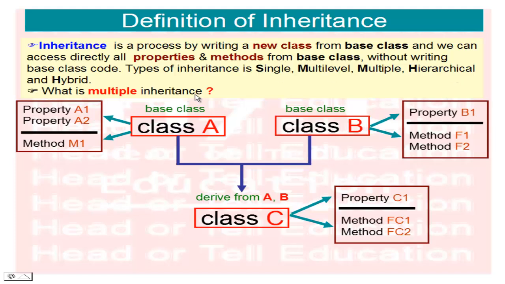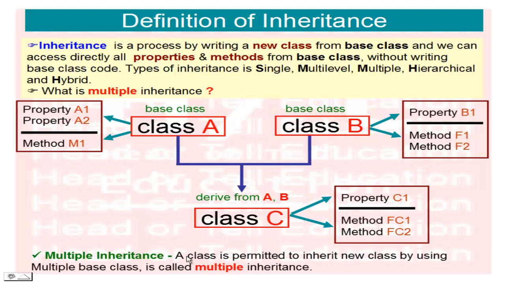What is multiple inheritance? In these slides you have seen we have two base classes. The first base class is A and the second base class is B, and using both base classes we create a derived class C. So class C is derived from base classes A and B. The base classes have different properties and methods, and class C also has its own properties and methods.